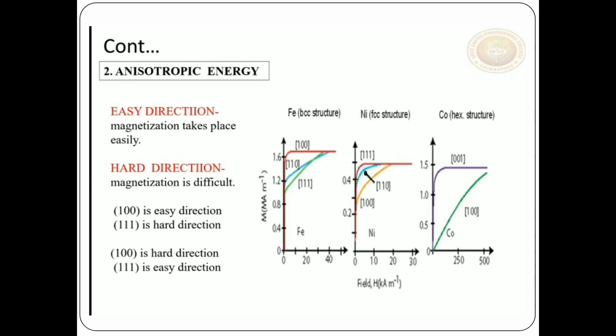In the iron BCC diagram, we can find that the 100 direction is the easy direction and 111 is the hard direction. But in the case of nickel, 100 is the hard direction and 111 is the easy direction.